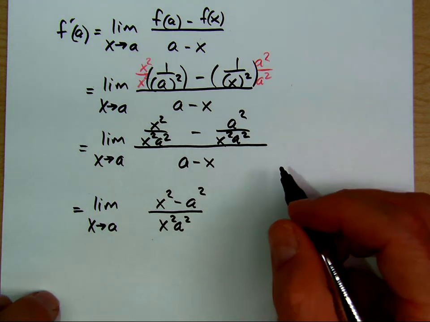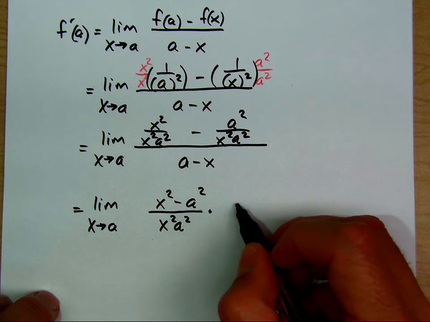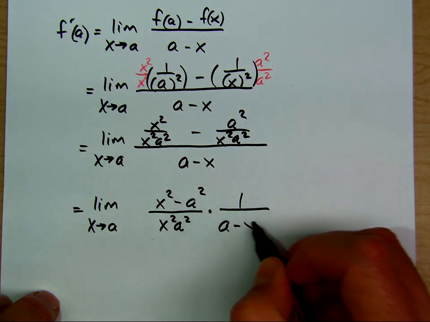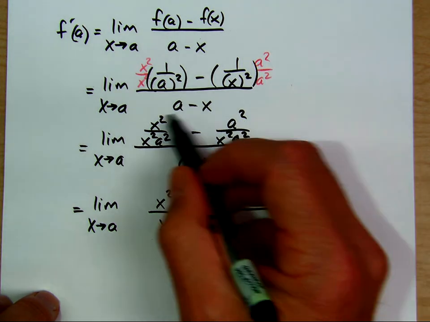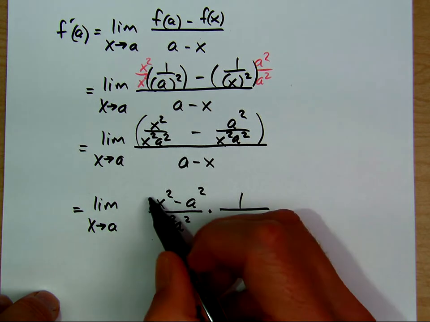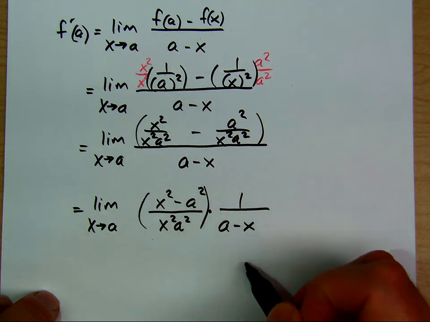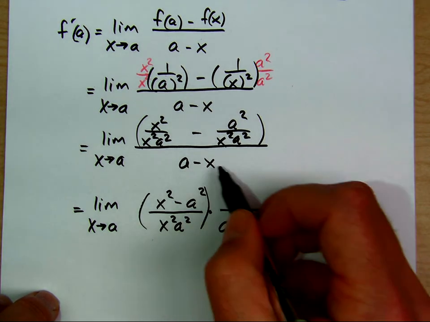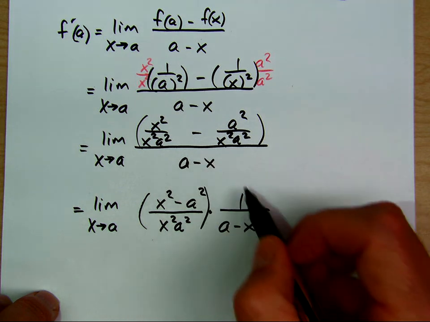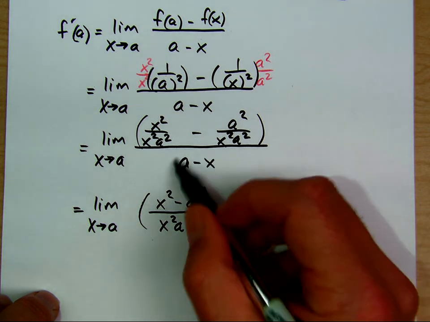And this numerator is that. And what do we do with all these denominators? Well, we'll take the reciprocal of that and multiply by it.